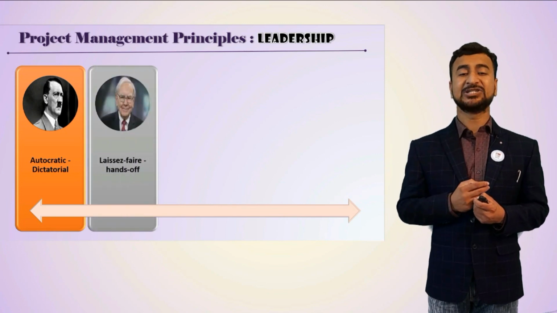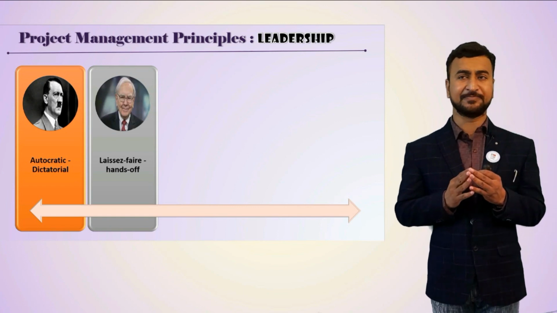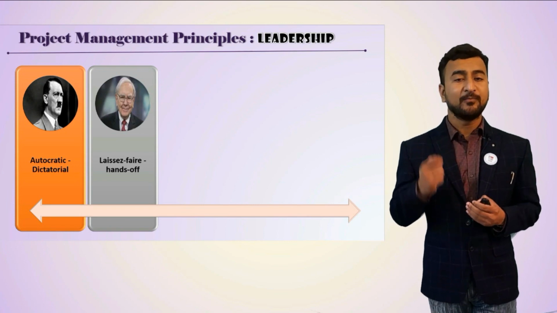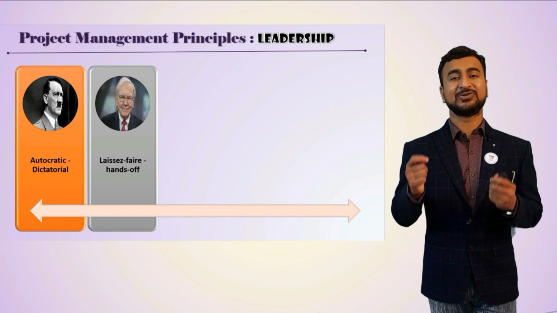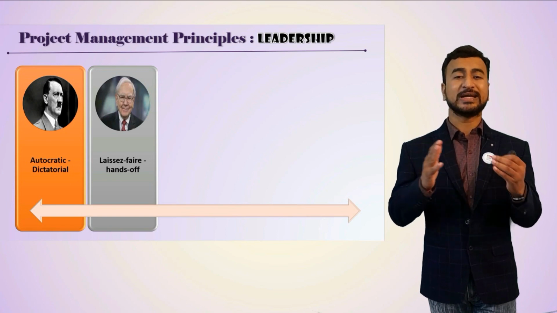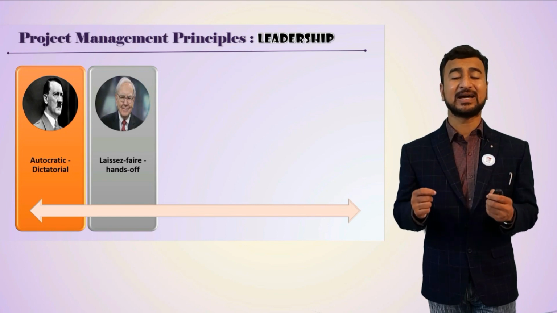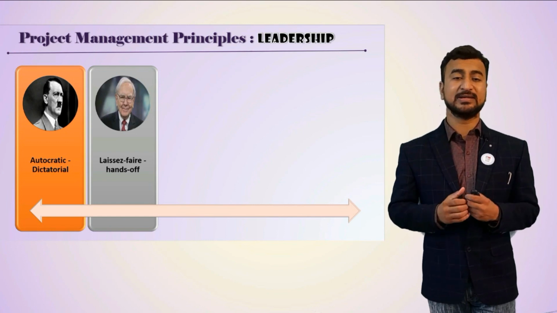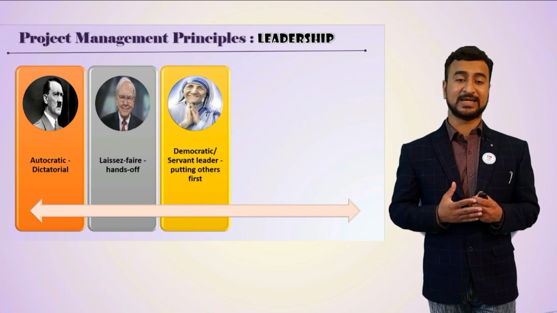The second leadership style is what we call laissez-faire, or hands-off leadership. A good example would be Warren Buffett, who every year assigns the target to his team and doesn't interfere in between. He delegates the task and just reviews after the year. So that is the hands-off or laissez-faire leadership style.